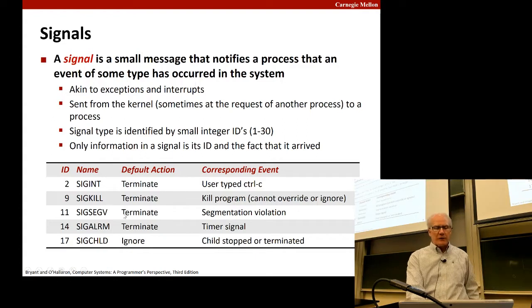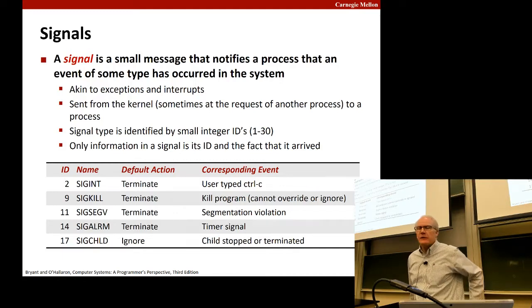The one we'll talk about today is called SIGINT, meaning signal interrupt. That's what happens if you're running a program and you hit Control-C. You're basically telling the program, stop forever, terminate. The way that's implemented is that when you hit Control-C, the shell asks to deliver a SIGINT signal to the running process.